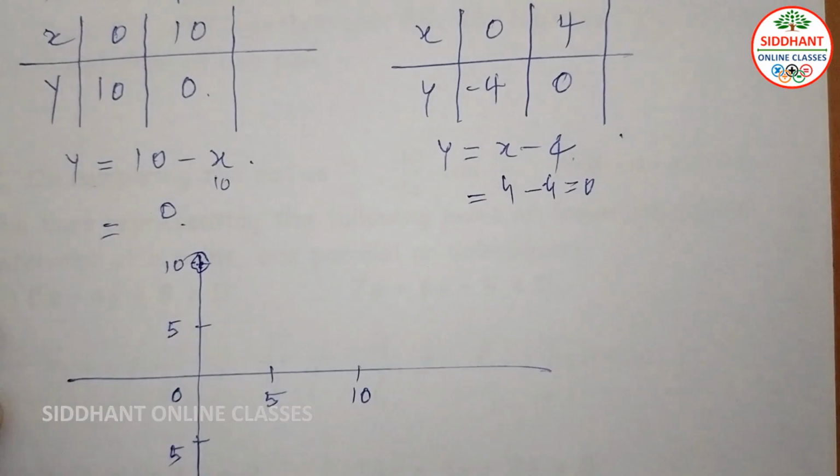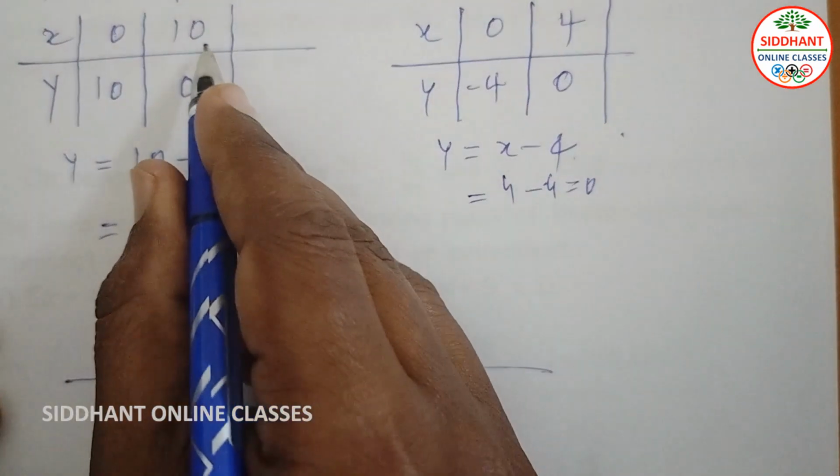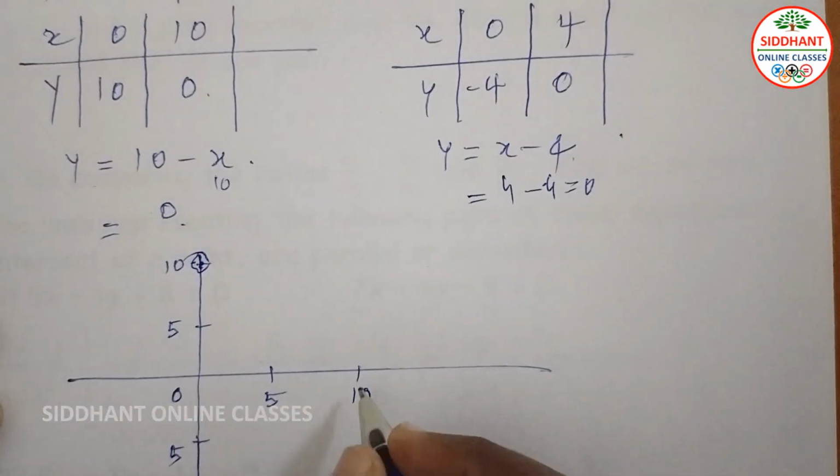Next, X is 10, then Y is 0. This is the point.